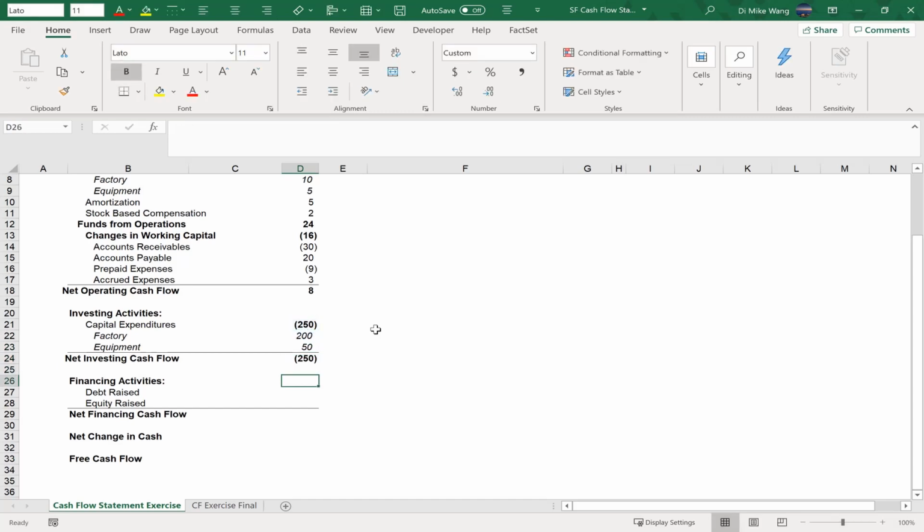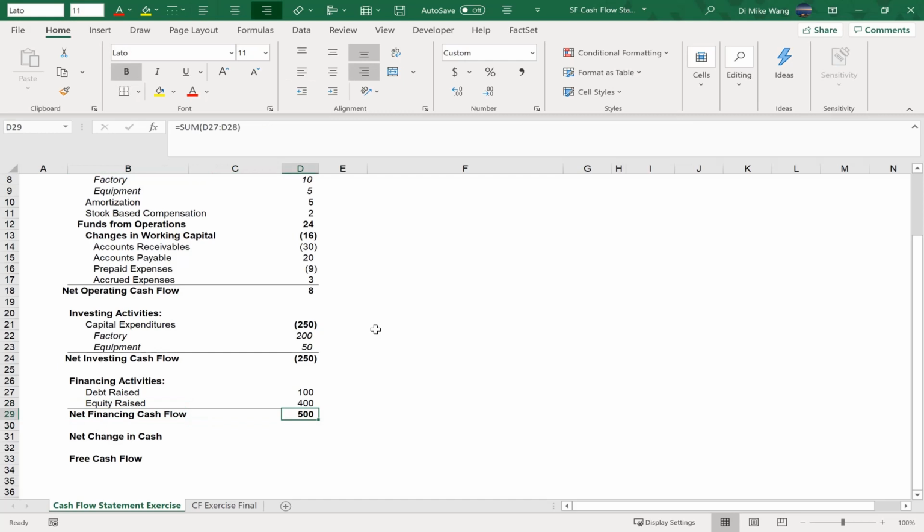Under financing activities, we raised $400 worth of equity and $100 worth of debt. This gets us to a net financing cash flow of $500, and you can see that we raised debt by taking out a loan, we raised equity by selling shares.